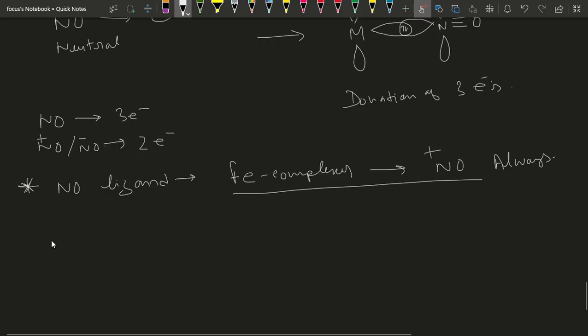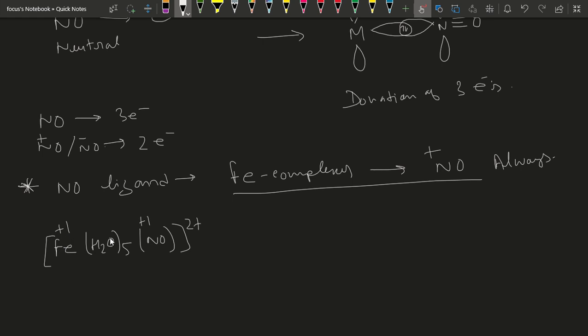So for example, the common coordination complex of iron, water. Here the charge of NO is +1, water has 0 charge, and iron has +1 charge. And we all know that this compound is responsible for the brown color in the brown ring test for nitrate.